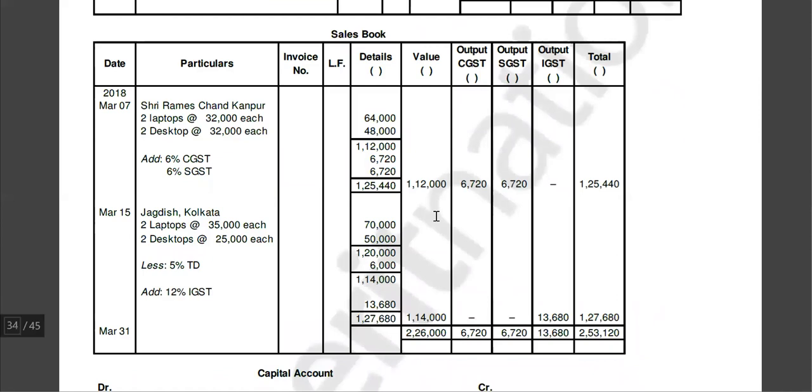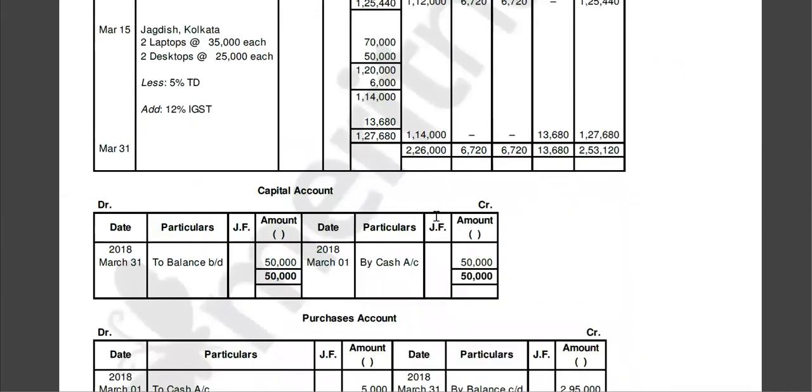And now you will start your ledger accounts. So capital account means cash account debtor to capital account. So the main accounts are enough actually. Cash account, capital account, we made that already, no need to do separately.